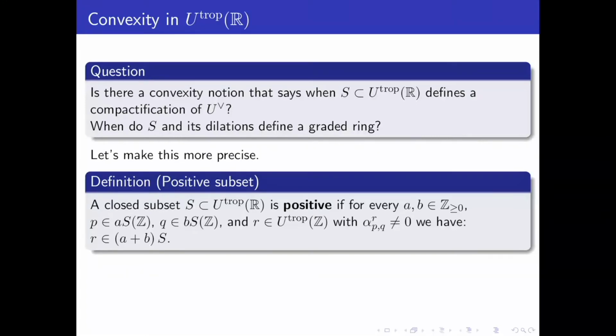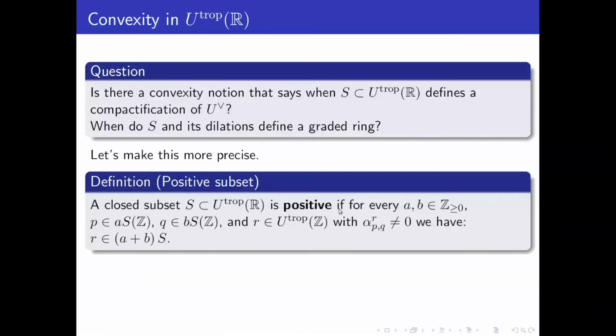All we're trying to do is get a graded ring out. So if I have something in level A times something in level B, the result had better live in level A plus B. So if I'm going to get a graded ring out, I need my Ath homogeneous piece times my Bth homogeneous piece to lie inside of my (A plus B)th homogeneous piece.